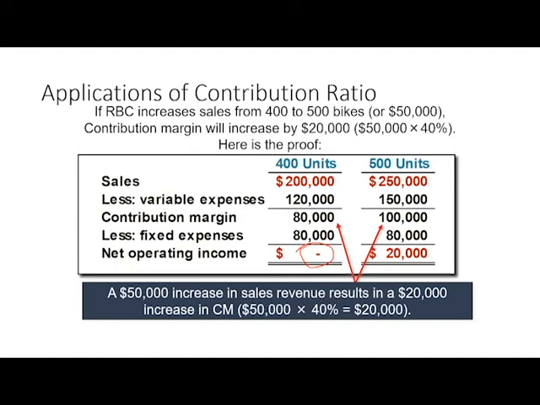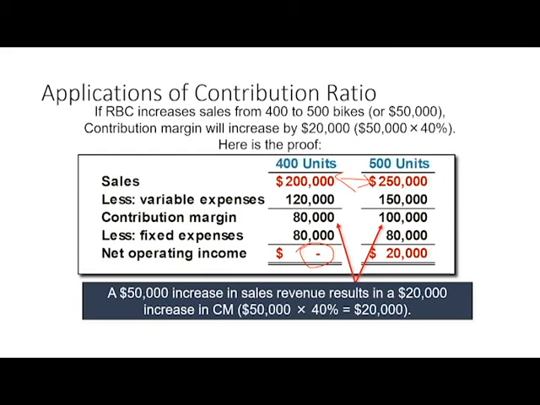And at another level, when the company sold 500 units, the company will get a net operating income of 20,000. So the difference of these two, a 50,000 increase in sales revenue, would result in a 20,000 increase in CM, contribution margin. So how do we get this?